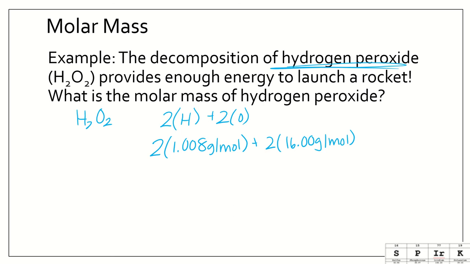So all we need to do is use our calculator and add these together, and we get a molar mass of 34.02 grams per mole. And that is for hydrogen peroxide.